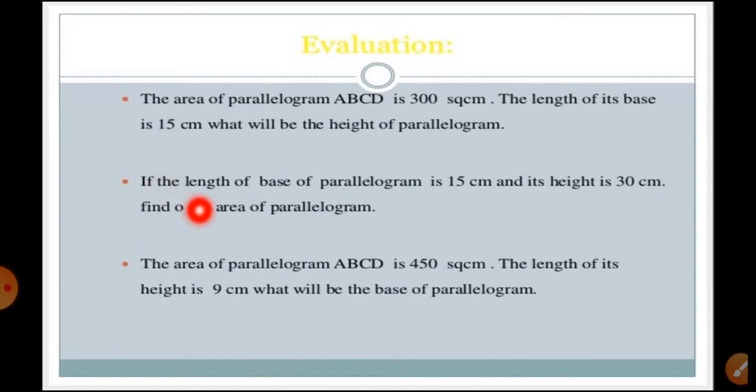Next, if the length of base of a parallelogram is 15 centimeter and its height is 30 centimeter, find the area of the parallelogram. Number 3. The area of parallelogram ABCD is 450 square centimeter. The length of its height is 9 centimeter. What will be the base of the parallelogram? You can solve this question.